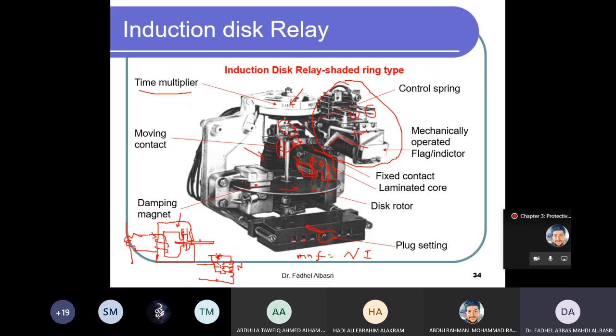With this plug setting, maybe this plug will give you, let's say, 2.5 ampere, this plug here gives you 5 ampere, and up to here maybe 10 ampere. Okay, that's why we have a limited number of selectable pickup values in electromechanical relays as compared to numerical relays, because we have a limited number of taps. Okay.